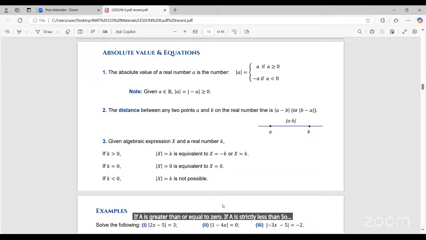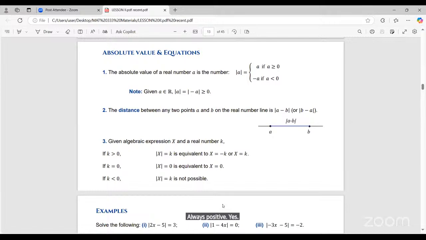If we are given any number A in R, the absolute value of A, let me finish, is equal to the absolute value of minus A, which must be greater or equal to what? 0. Normally, we say absolute values are always positive.